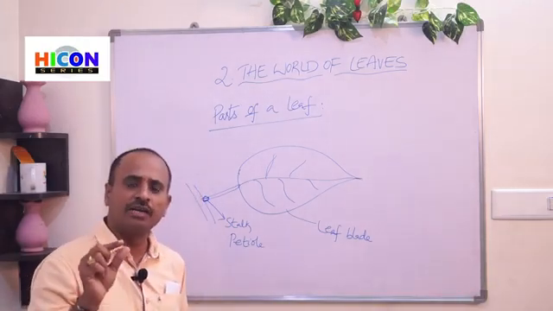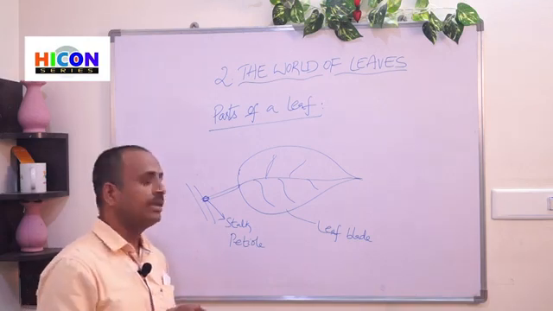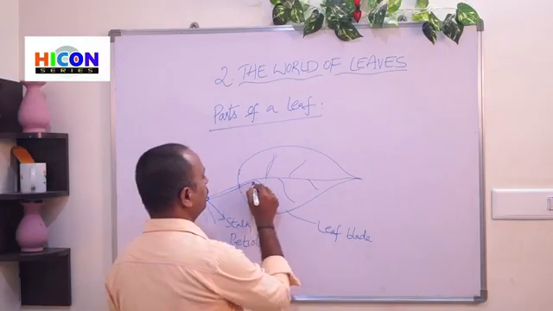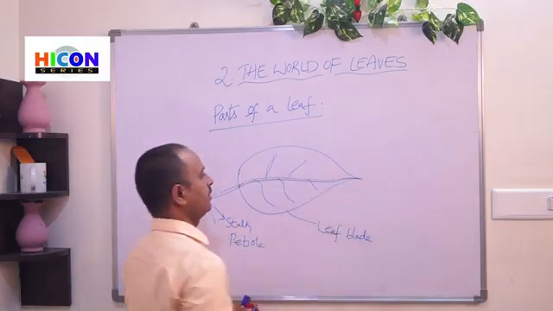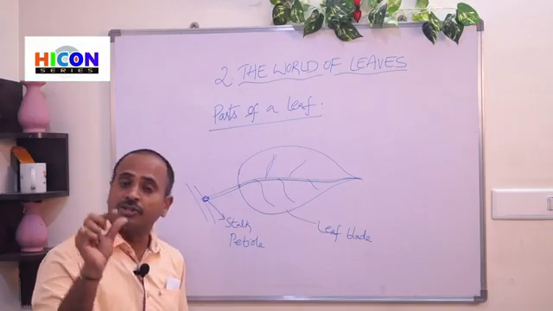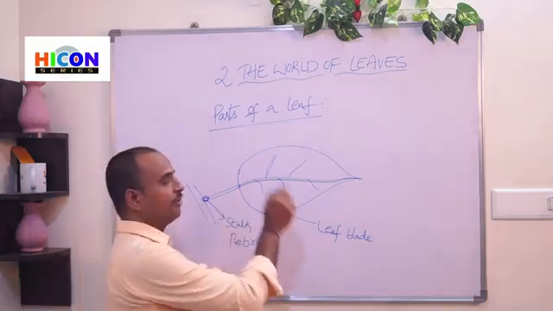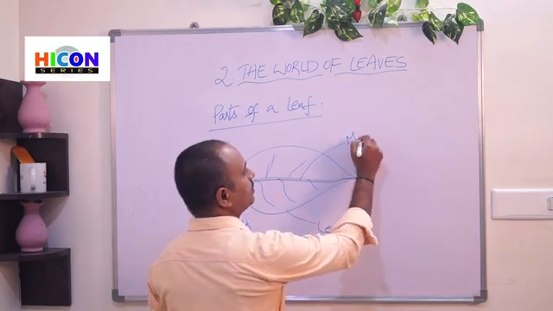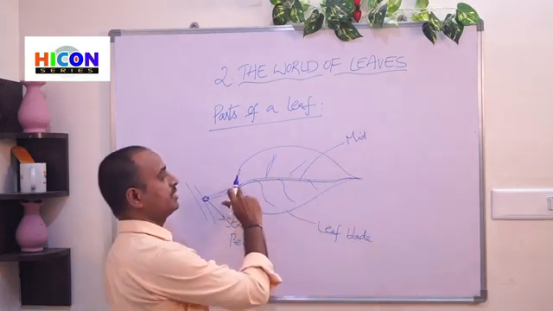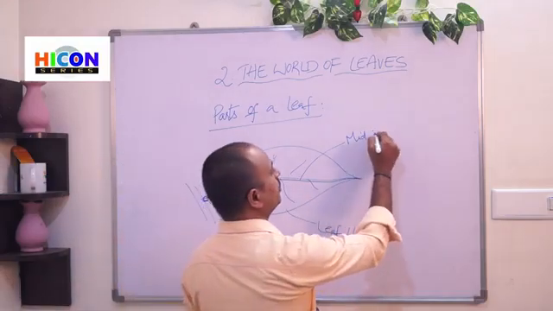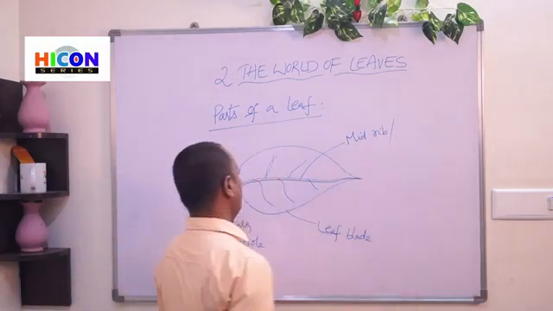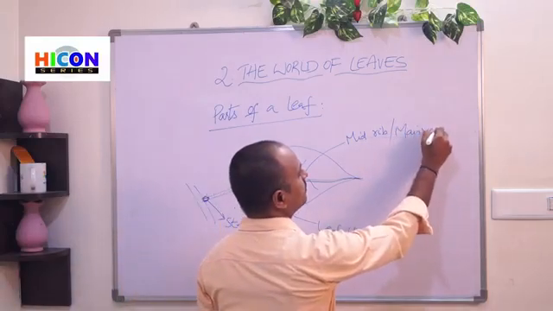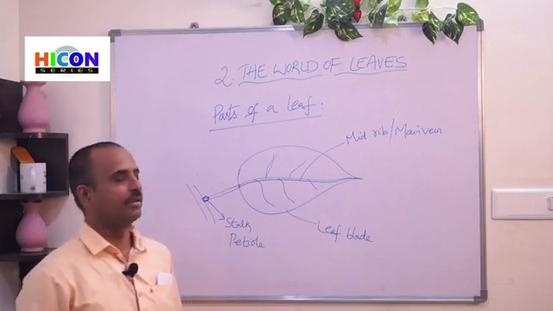And if you observe the leaf carefully, there is a thick tube that passes through the middle of the leaf. That thick tube is called midrib, or it can also be called main vein.